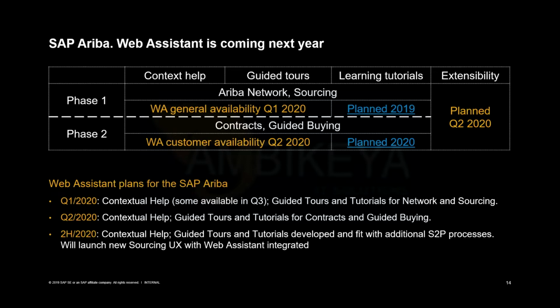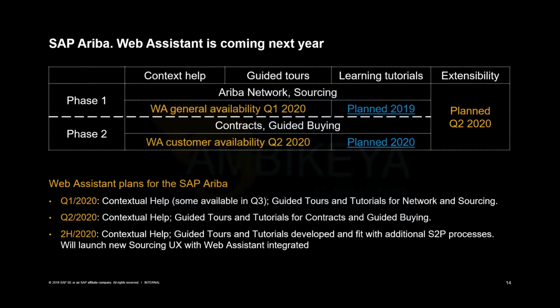Technically speaking, we have been able to leverage the Web Assistant in Ariba since earlier this year. But there are complications with the licensing of Ariba that make Web Assistant very difficult at this time. So the functionality is there to support Ariba, but it will not be supported until the beginning of next year.